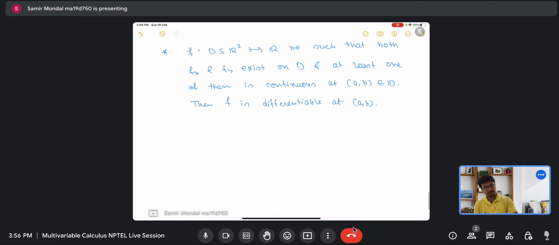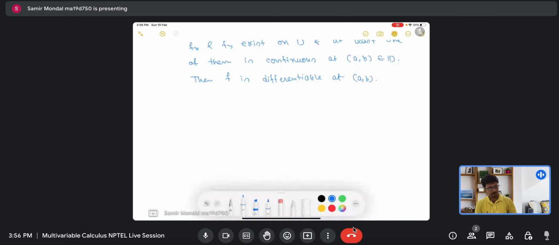Note it, I am not going for the proof, but one can prove that this is a similar result as for one variable functions.